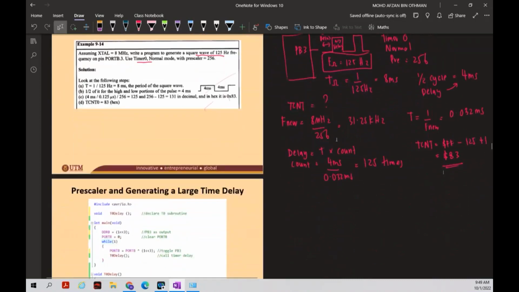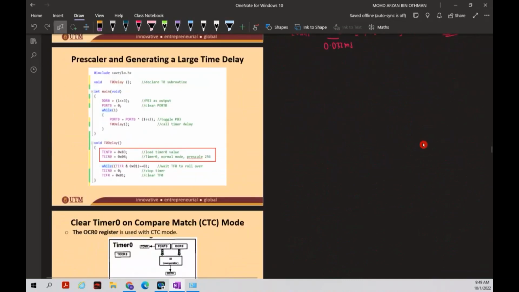After you obtain the TCNT, you write down your program. I'm only focusing on this part, because you already know how to initialize your input output port and how to make a toggle mode to produce a logic 0 and logic 1. I'm only focusing on generating a delay.